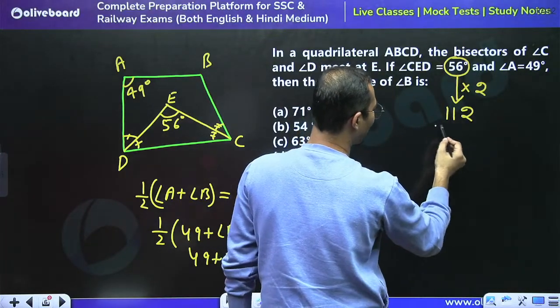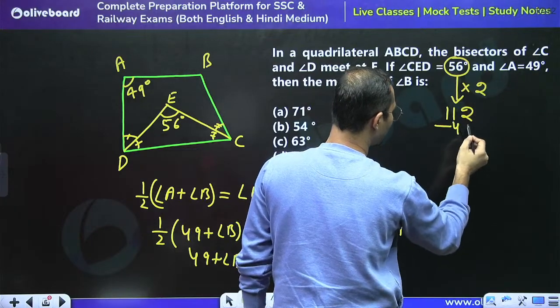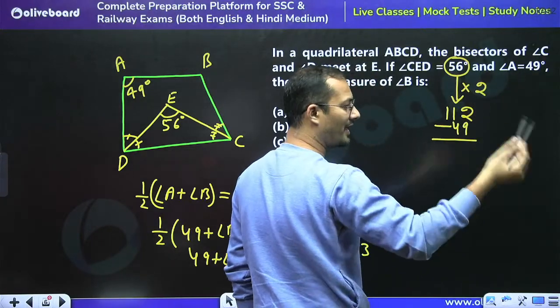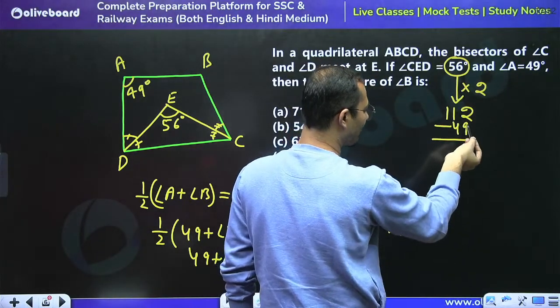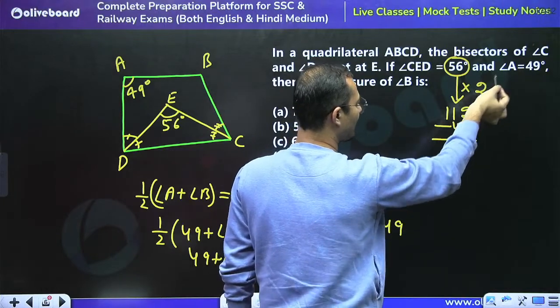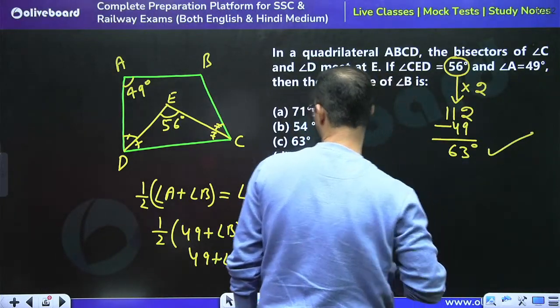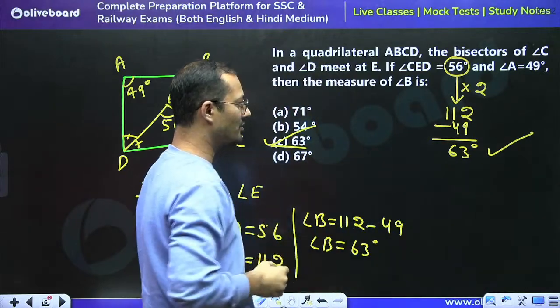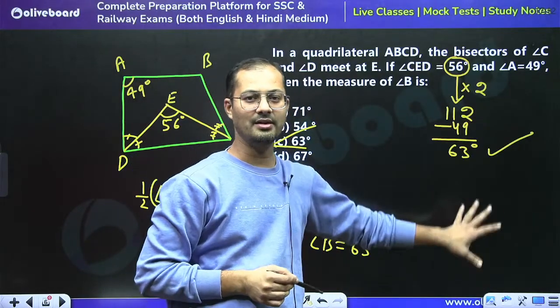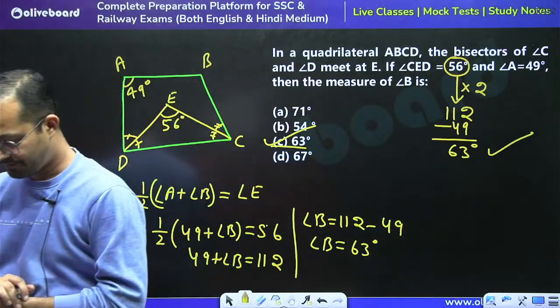Then subtract one vertex angle, so you will get the angle for the other vertex. So here we will get 63. So 63 is the right answer. Without a figure, without any pain, you can answer the question, right?